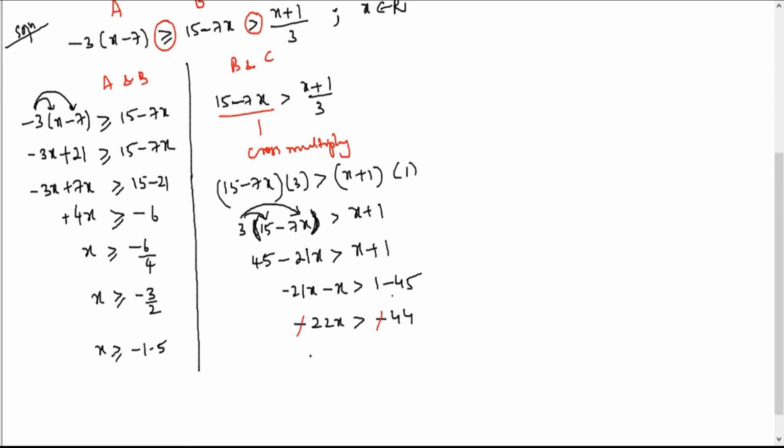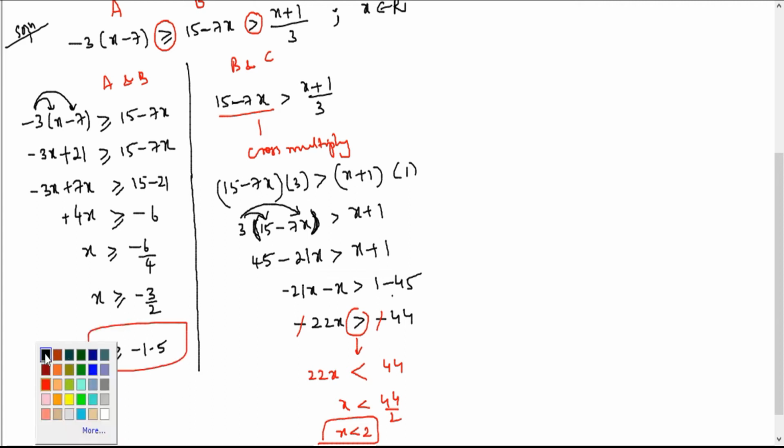You have to cancel it, change the symbol, and write 22x is less than 44. So x is less than 44 by 22. So x is less than 2. This is one condition, this is another condition. So what are the two conditions you have? One is x is greater than or equal to minus 1.5 and x is less than 2.